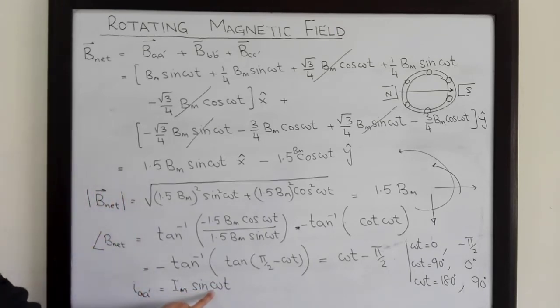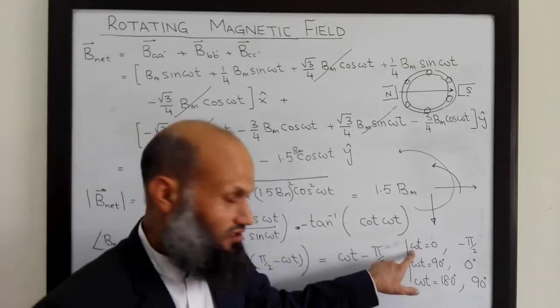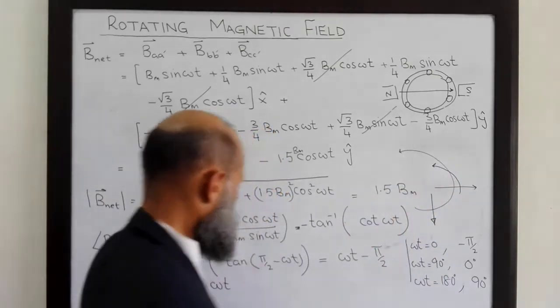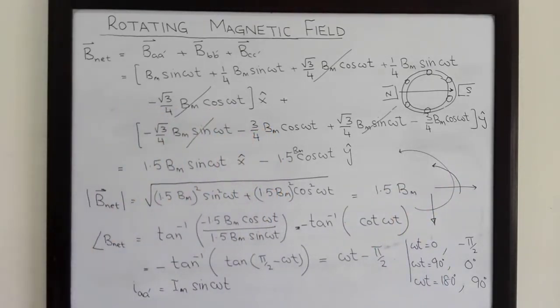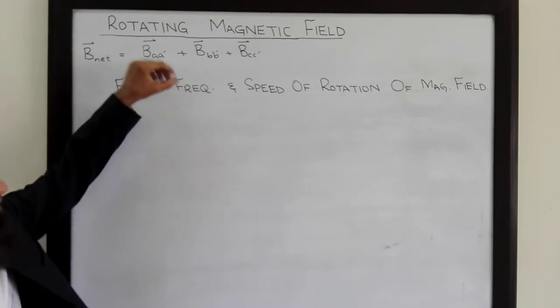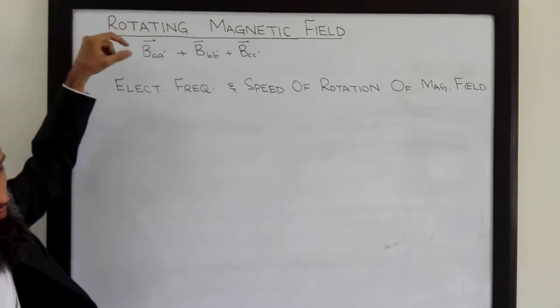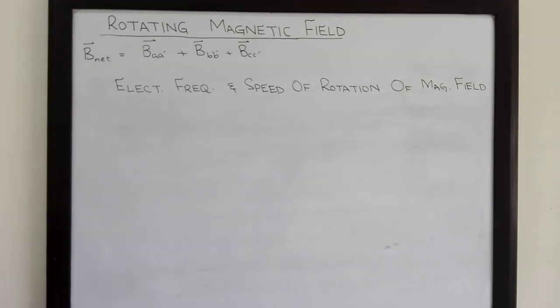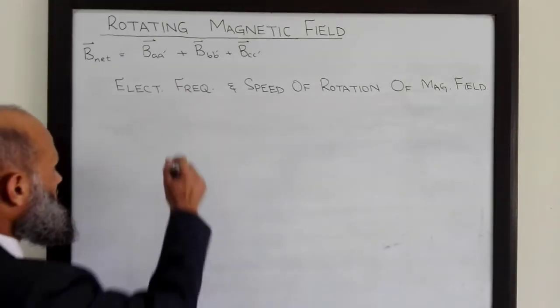So whatever is the frequency of the supplied current, the same is the speed of rotation of this flux density vector. That is the speed of the rotation of the rotating magnetic field. That is the same as the frequency of the supplied currents.